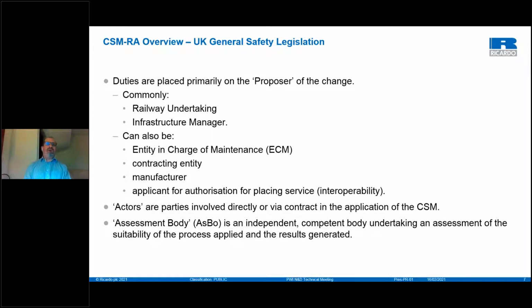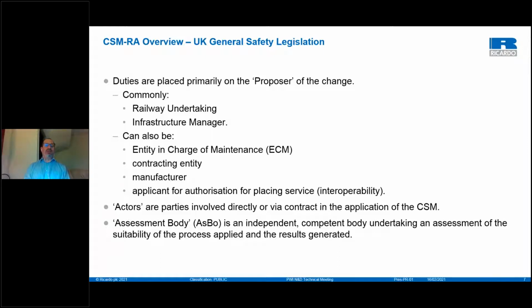I did mention first thing, the proposer of a change to the infrastructure. Basically, CSMRA has this role of a proposer, and that is the person, or the body, that is taking responsibility for maintenance of the railway infrastructure, that also wishes to take responsibility for changes being made.